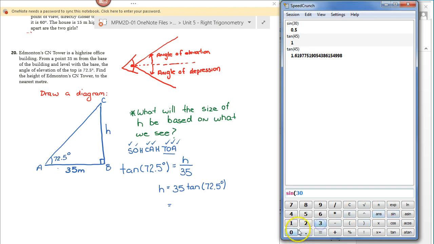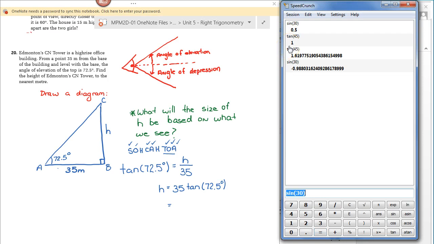Sine of 30 is no longer 0.5. So it's good to have memorized tan of 45 and sine of 30. If you get a calculator you're unfamiliar with, or you're not sure what mode you're in, and when I say mode I'm talking about radians or degrees, quickly type those in and see that you get these expected values. If you don't, change the mode.